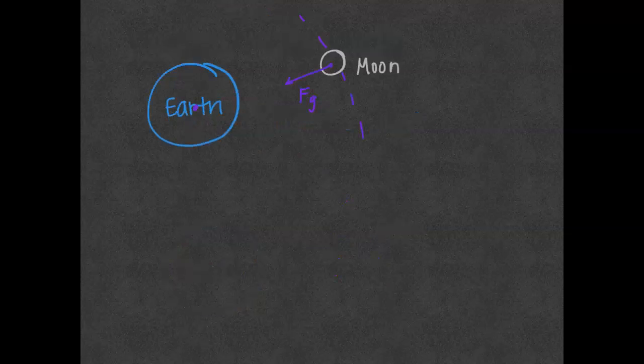So this means that this gravitational force is pointing towards the center, and it is the only force acting on the Moon because it's in space and nothing else is touching it or pushing on it. And so that gravitational force is pointing towards the center, and it's unbalanced.